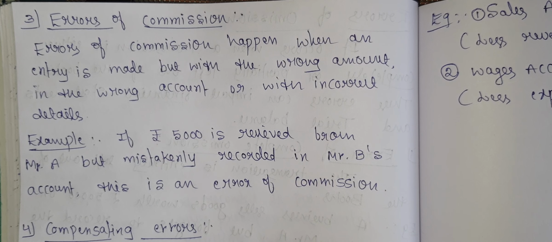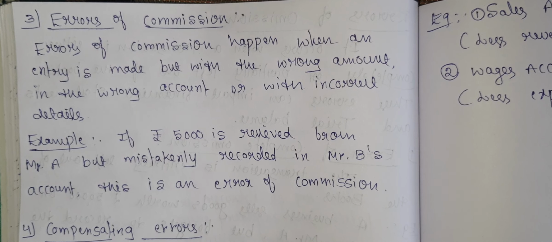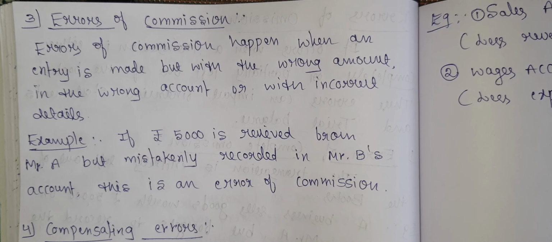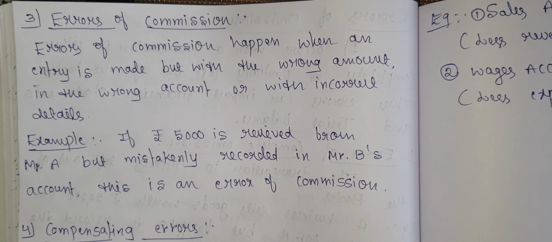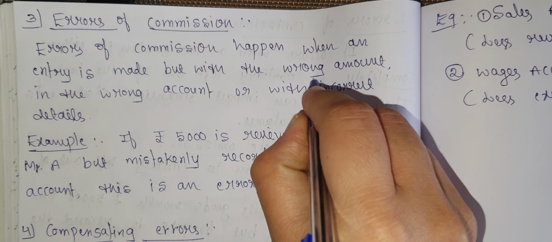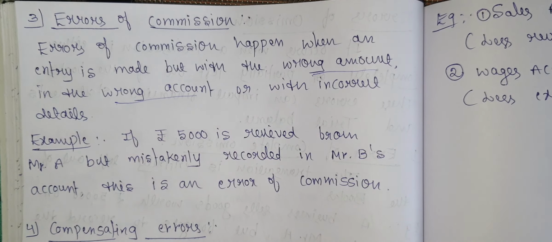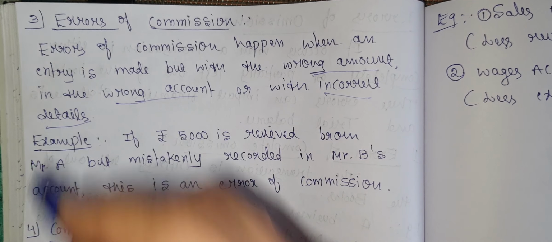Errors of commission happen when an entry is made but with the wrong amount, or in the wrong account, or with incorrect details.